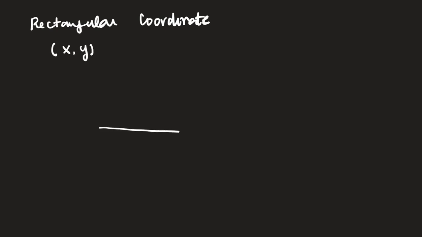So the rectangular coordinate we use so far, the Cartesian coordinate, we're going to use x and y. So here is the x-axis, here is the y-axis, here is the origin.